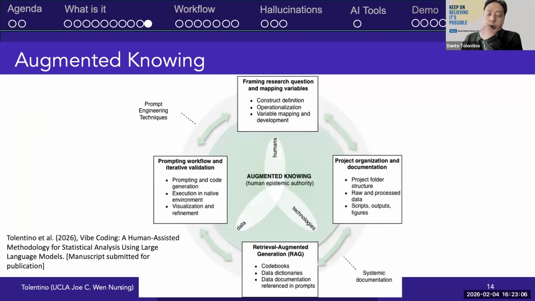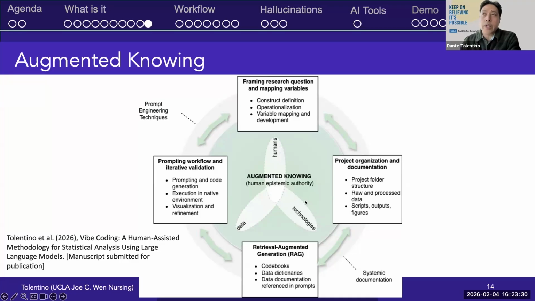Which leads us to this philosophical concept of augmented knowing, which we are proposing as a form of knowledge production in which we're saying that reality is no longer solely human generated, but emerges through this dynamic interaction among humans, data, and technologies.